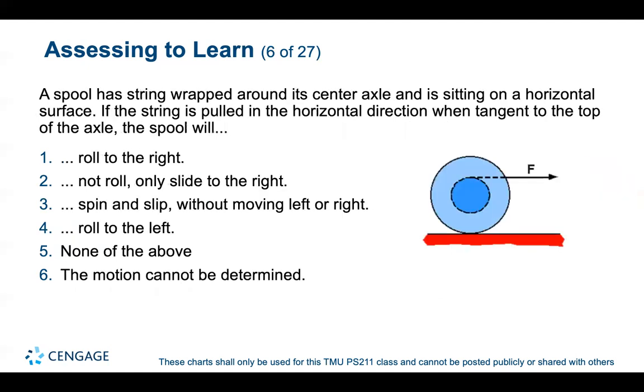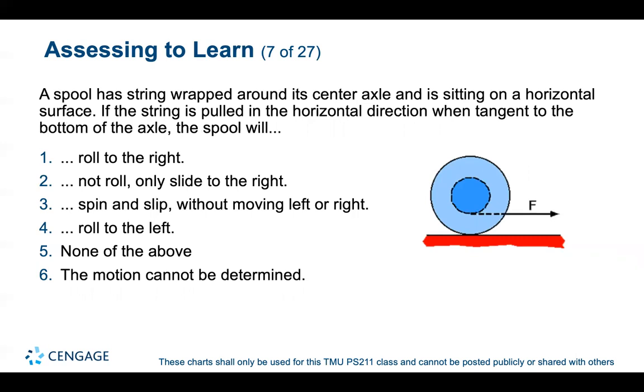A spool has string wrapped around its center axis and is sitting on a horizontal surface. If the string is pulled in the horizontal direction, tangent to the top of the axis, the spool will, the answer is roll to the right. If the string is pulled in the horizontal direction, tangent to the bottom of the axis, the spool will roll to the right. So it's the same thing in both of these.